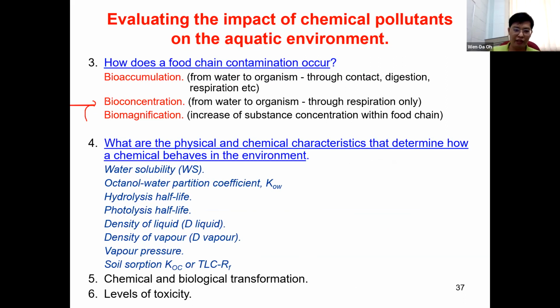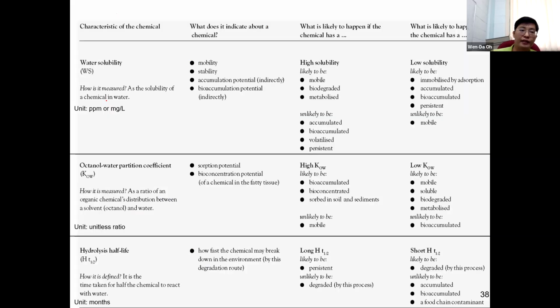And then finally, we also want to know what are the physical and chemical characteristics, okay, of the chemicals in the environment. There are many kinds of parameters that we can use to determine the characteristics. And for instance, let's look at these characteristics.